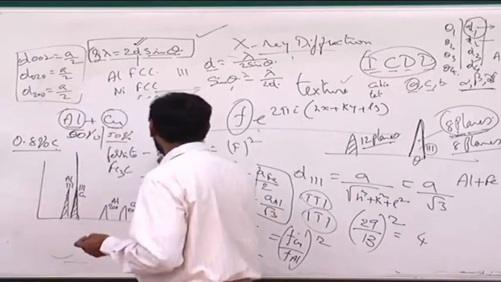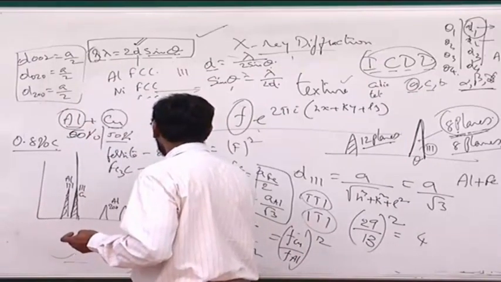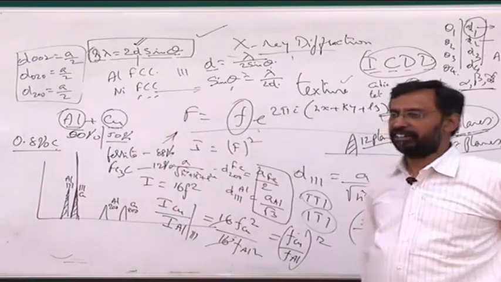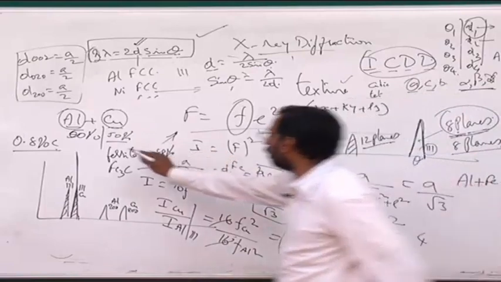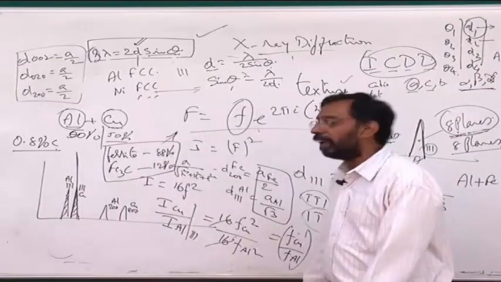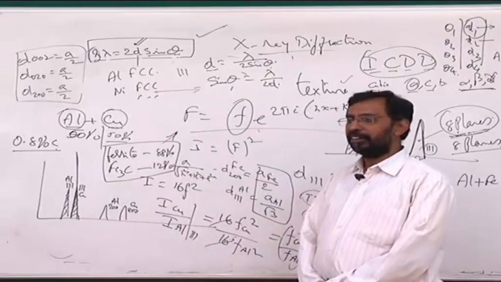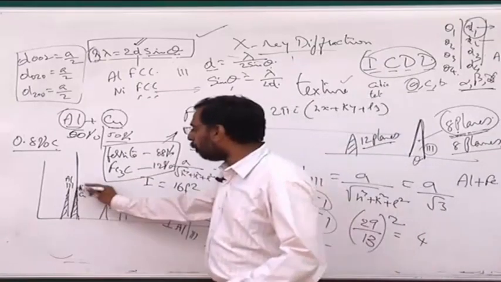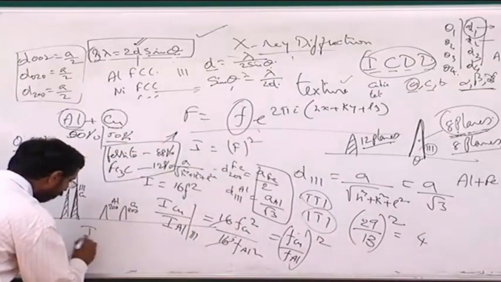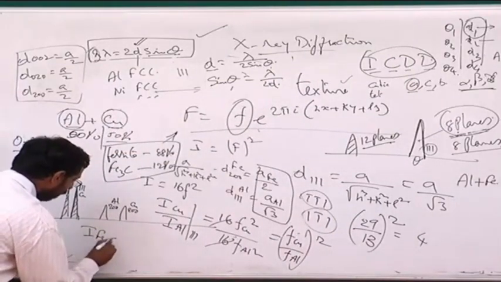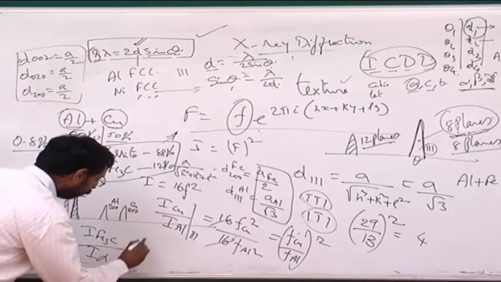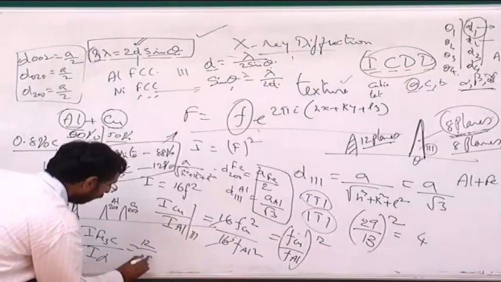How much of ferrite? 88% is ferrite, 12% is cementite. If you do the lever rule calculations, you will get this. So I look at the XRD pattern. I should find from the peak intensities that the ratio of I of Fe3C divided by I of alpha should be equivalent to 12 by 88 in principle.